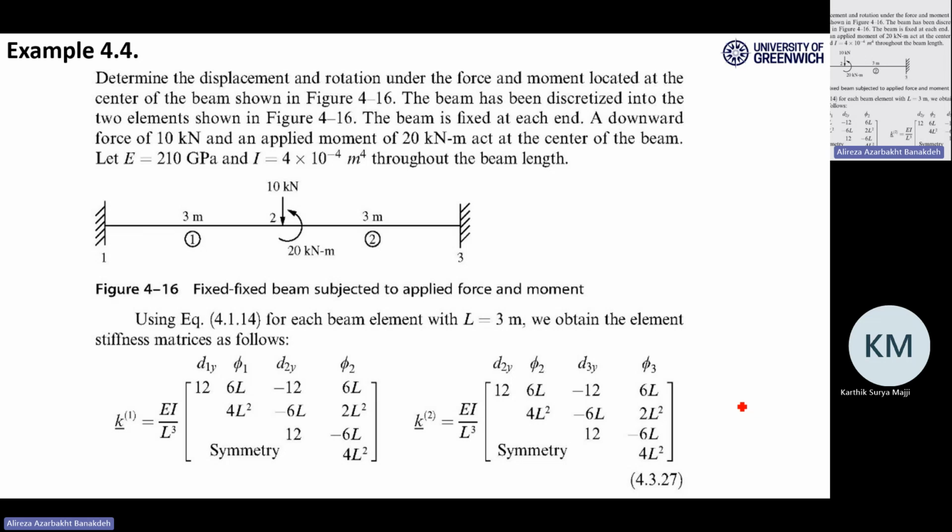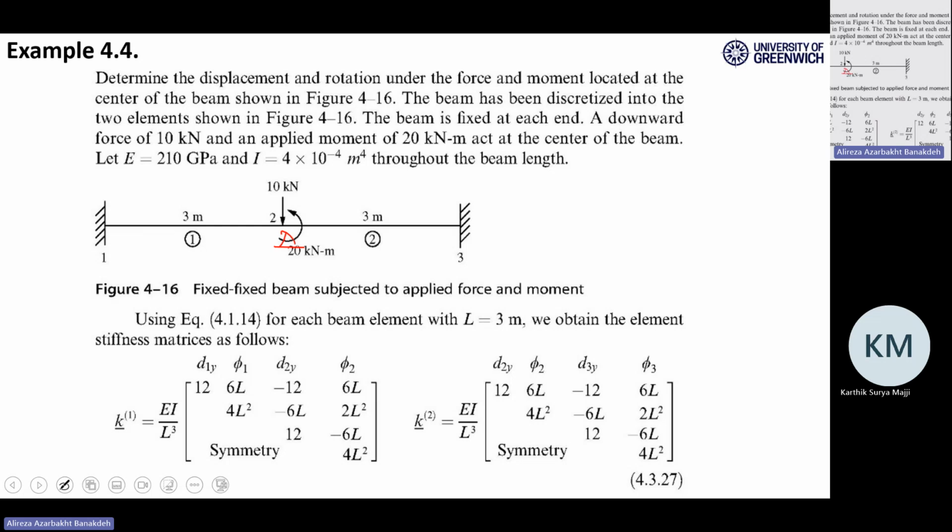So example 4.4 does not have anything really, other than having an external moment on node 2. Nothing. It's really like example 4.2 we went through today, but in that example you had some support here.